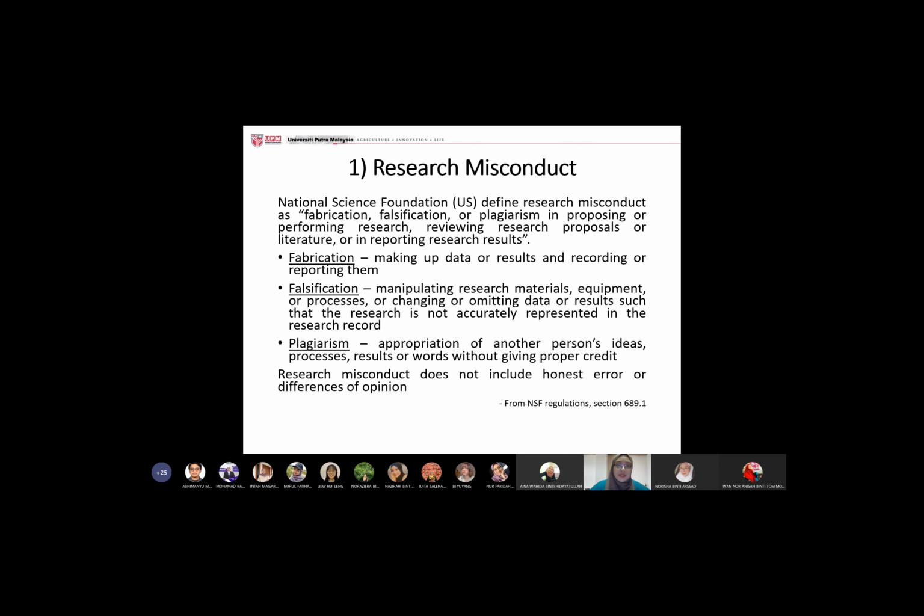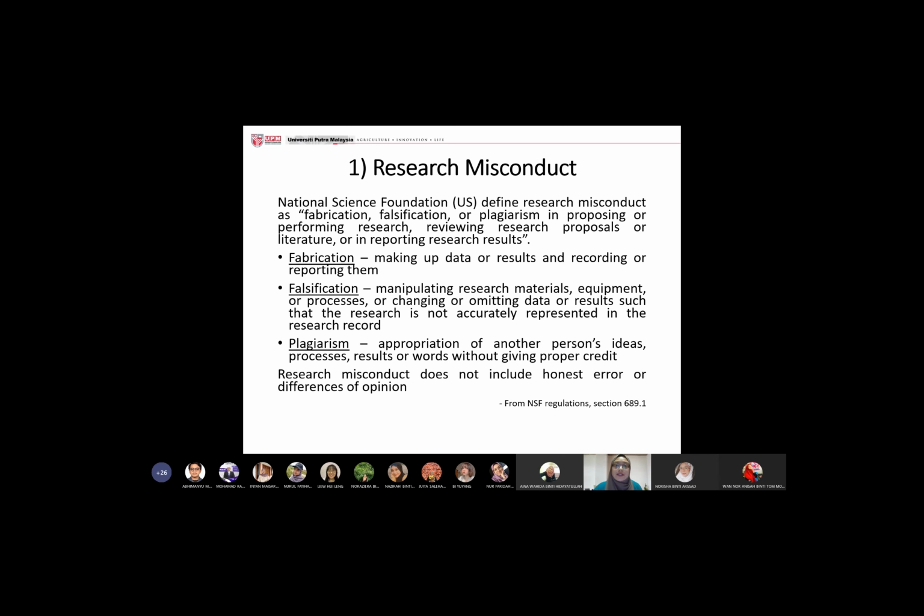So for the first one, research misconduct, this is a definition by the National Science Foundation. This is actually a US foundation, and they gave a lot of grants, a lot of funding to researchers mainly in the US, but also in other countries as well.